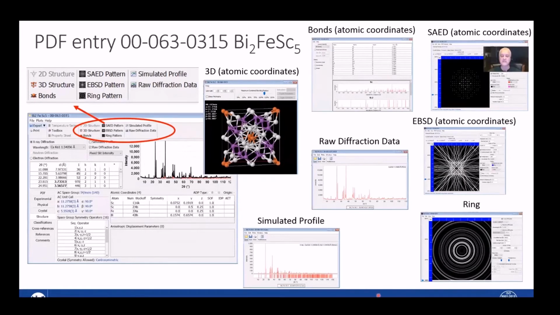You get a simulated profile from all diffraction entries. Many of the entries now have the raw data included. You can also simulate selected area electron diffraction patterns, the backscatter Kikuchi patterns, and if you're using a 2D detector, you can simulate ring patterns for looking at multiple kinds of diffraction data. So the flexibility is there that allows you to do more materials design and materials characterization.